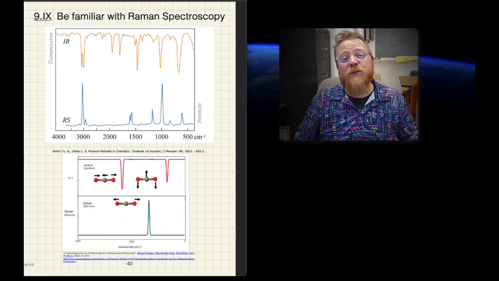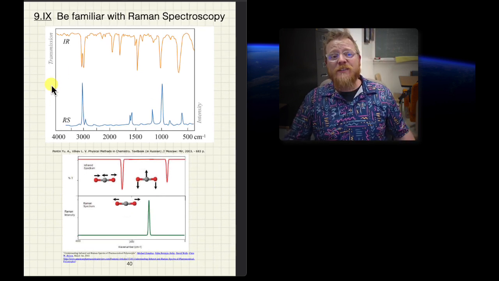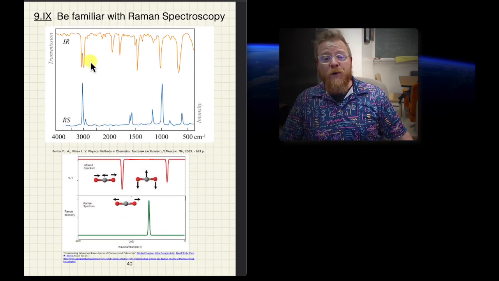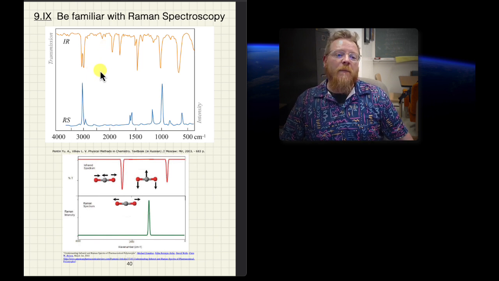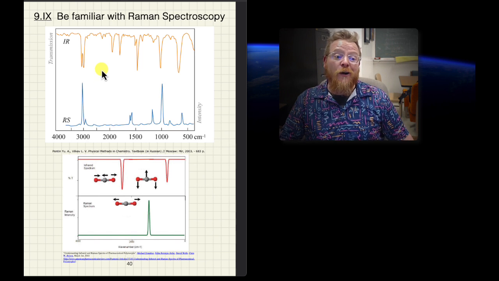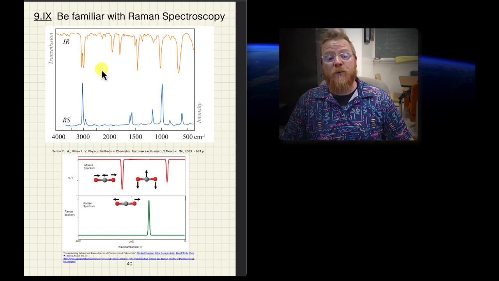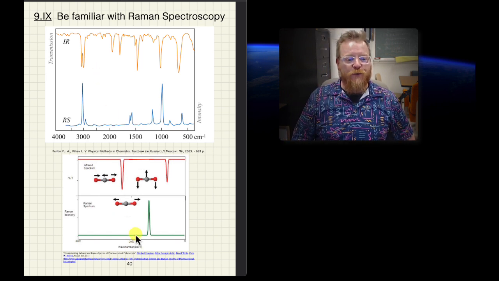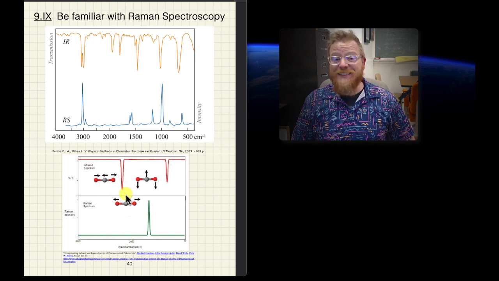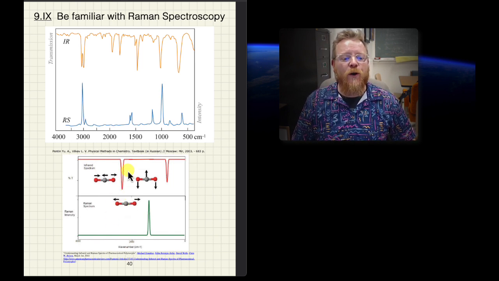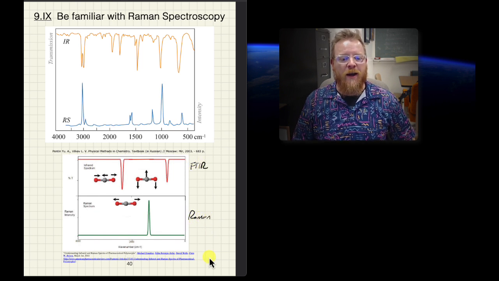So the advantage of using Raman versus IR is that our normal modes that don't involve a dipole moment change are visible in a Raman spectra, which is kind of cool. So for example, here is CO2. And if you recall our normal modes, this is our FTIR up here, and this is our Raman up here.